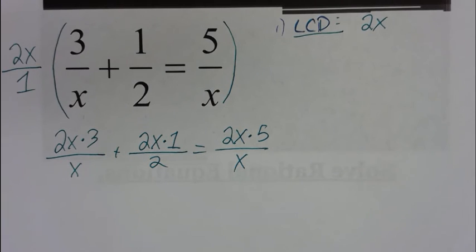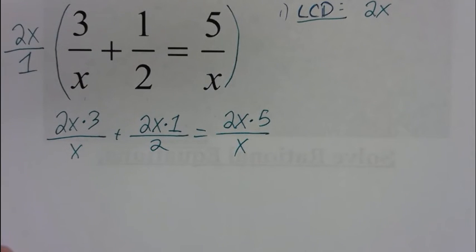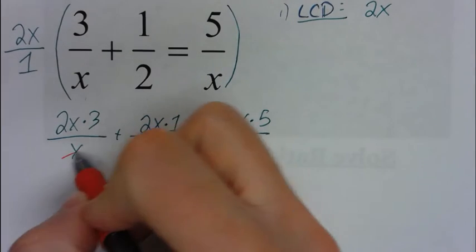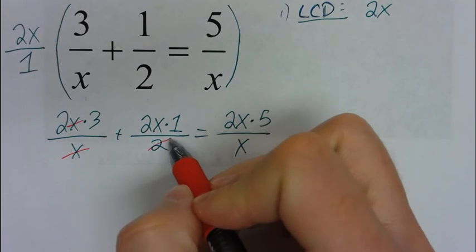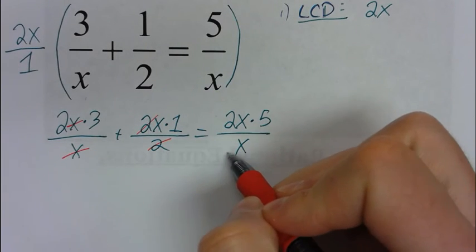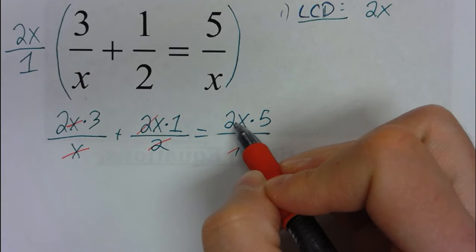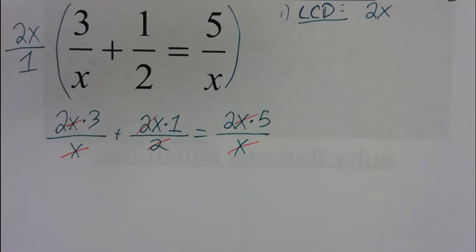I'm writing it like that specifically so we can apply it to all the problems and not just this one. You'll notice that we have some things we can divide out: x and x, 2 and 2, and then x and x. That leaves me with just a normal equation to solve without any fractions involved at all.